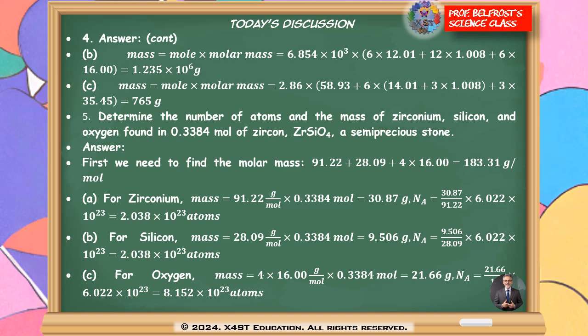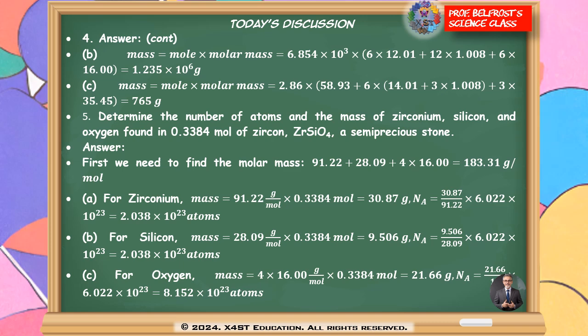Mass is just molar mass times the mole. How can I know the mole? Isn't the mole just 0.3384? Yes, in case that element has only one atom in the compound, but if it's like oxygen, which has four atoms, you need to multiply it by 4.